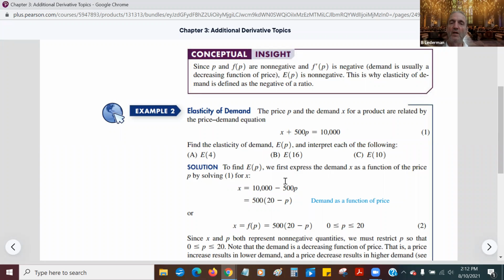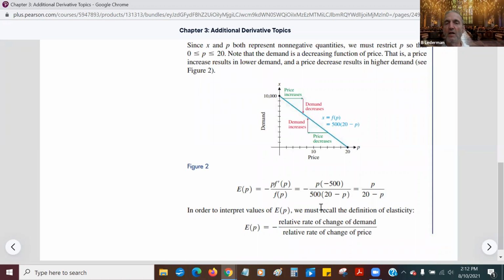So F prime is just negative 500, and F itself is 500 times (20 minus P). The 500 is going to cancel. I have a negative here and I have a negative there, so those two negatives cancel. So I just have P over 20 minus P.